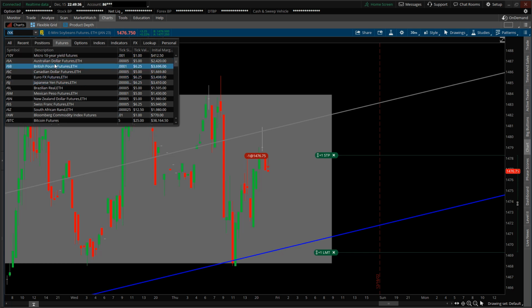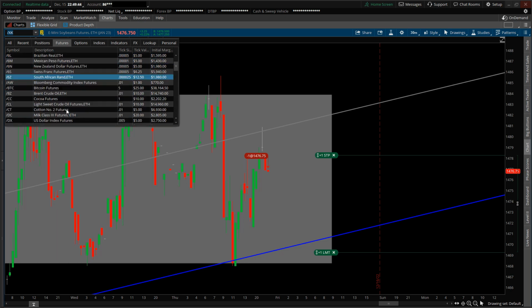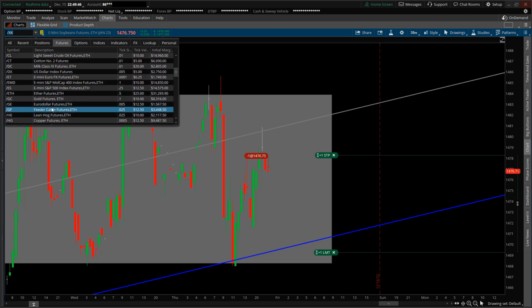So here are the other futures contracts. These are the foreign currencies: Australian dollar, British pound, Canadian dollar, and so on. Here you have gold. For every 1.1 move up or down, you're making $10. Here we have other FX pairs: Aussie dollar, pound dollar, euro dollar.